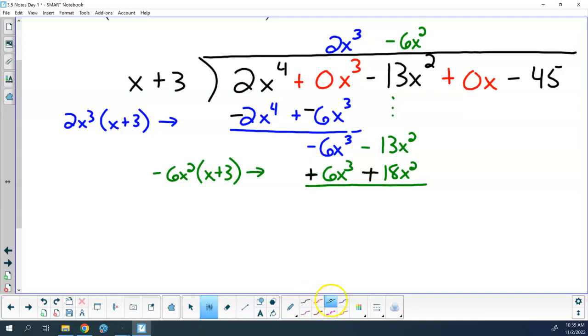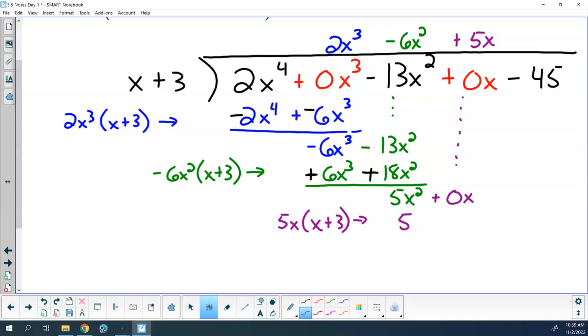Change gives me 5x squared. 5x. Change and change gives me negative 15x.